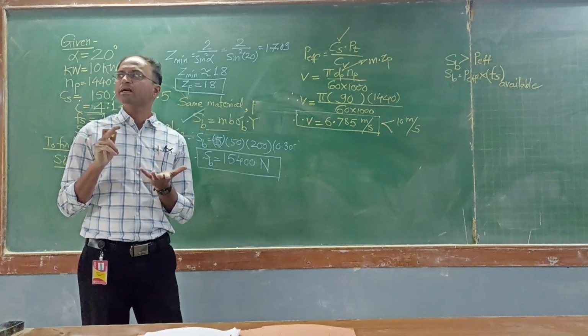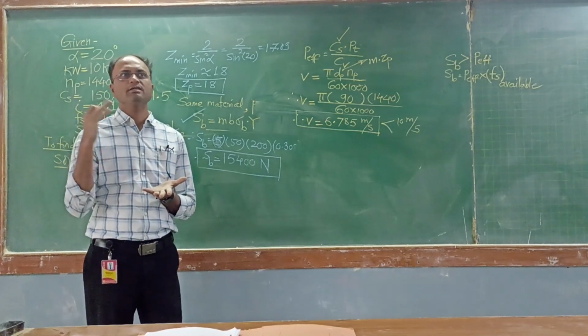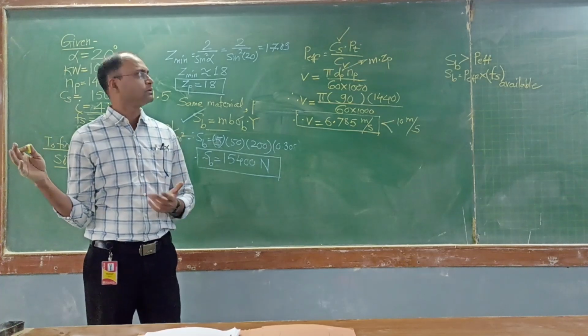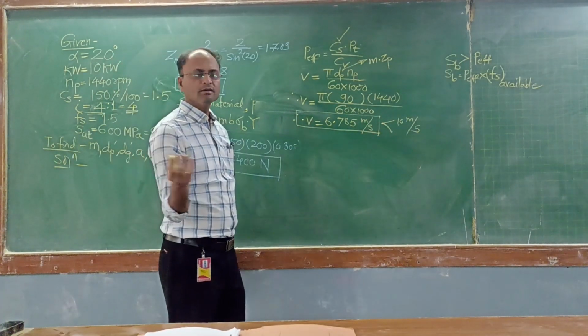Okay, initially we made an assumption, now we are checking whether it was correct or not. We cannot proceed with the same assumption. It is less than 10, so we can use that formula.